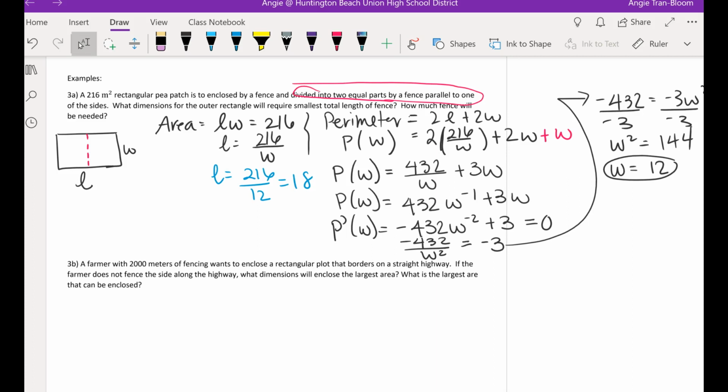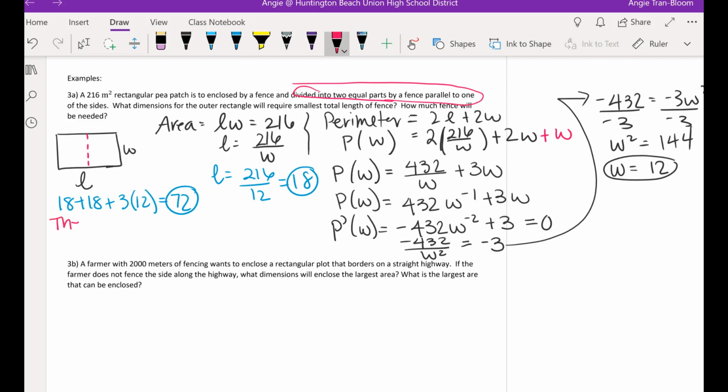Well, I'm going to add them all together, and I would write one complete sentence for all of my answers, okay? So as you can see, I have two lengths. So that's going to be 18 plus 18, and then I have a total of 3 W's. So 3 times 12. So total length would be, let me double check, 2 times 18 plus 3 times 12, 72. Okay, so total length 72, I have my length, I have my width. Let's write one complete sentence, okay?